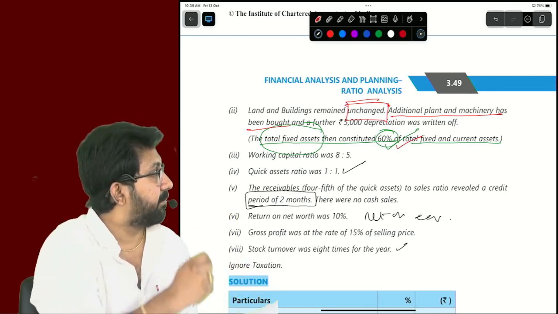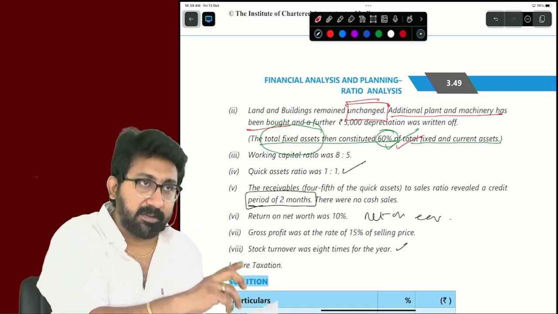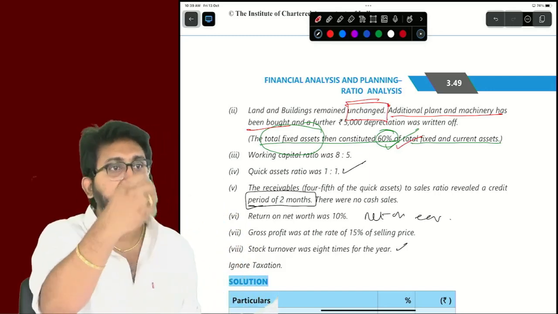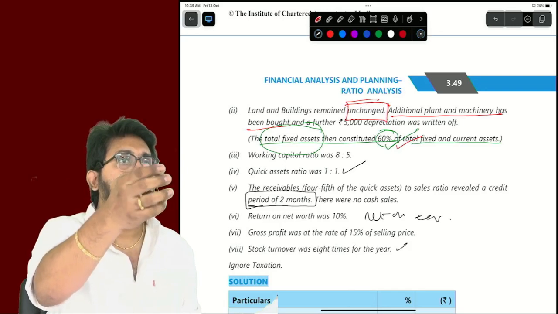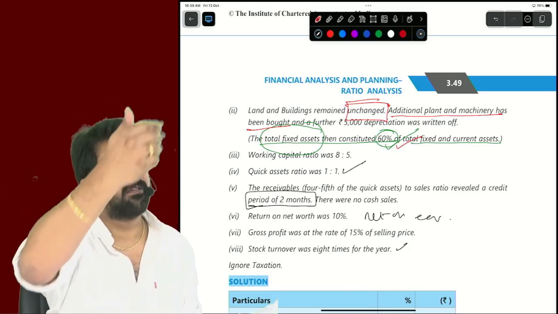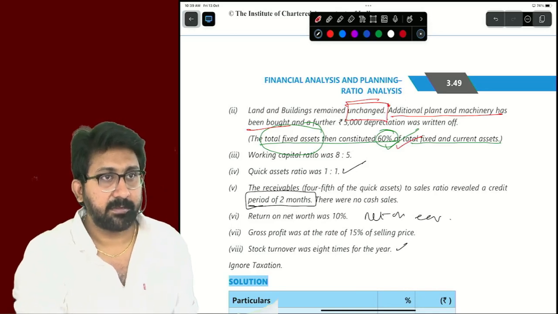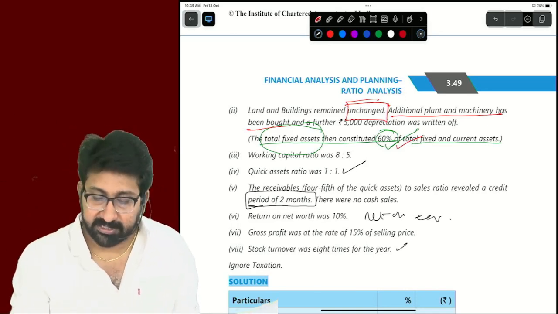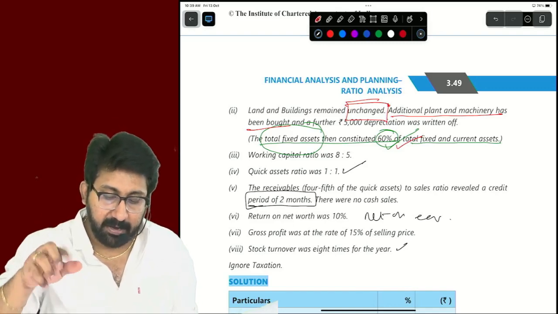What is the total liability? 2 lakh. Because of 2 lakh, assets also will become 2 lakh. Total assets are 2 lakh. Listening? In the 2 lakh, how much is the fixed assets portion? 60%. The balance will become current assets. In the fixed assets total, land and building remain unchanged.